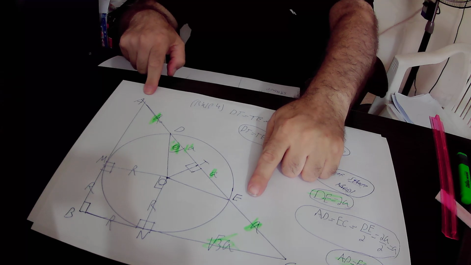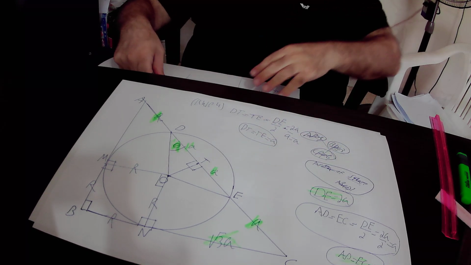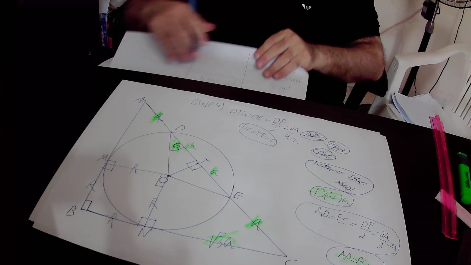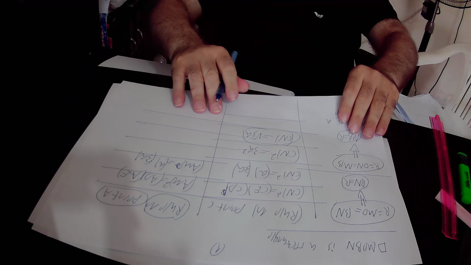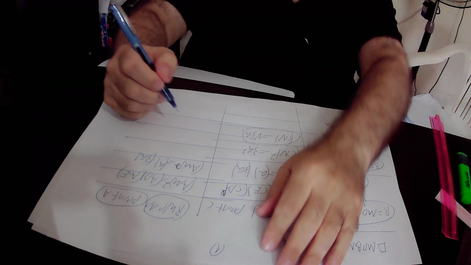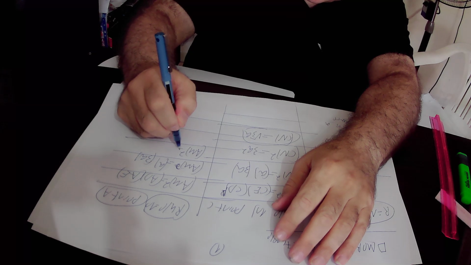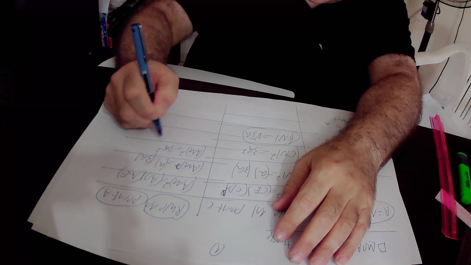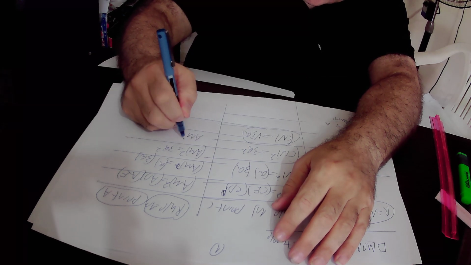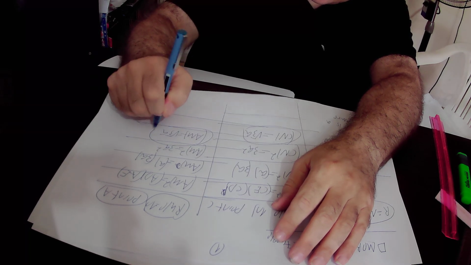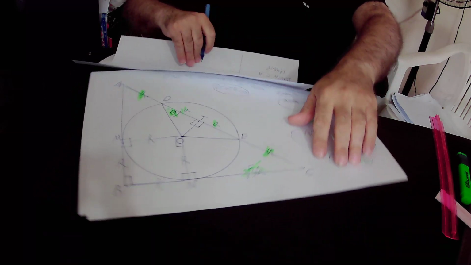AE equals A plus A plus A, that is 3A, so substitute AE by 3A. So in total we found out that AM square equals A times 3A, which is 3A square. We take the root out of this equation and we get that AM equals the square root of 3 times A. So I found out that AM equals the square root of 3 times A.